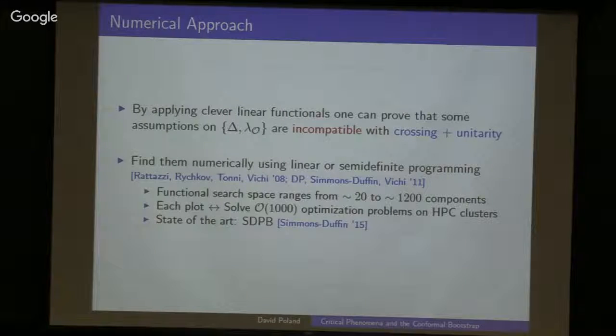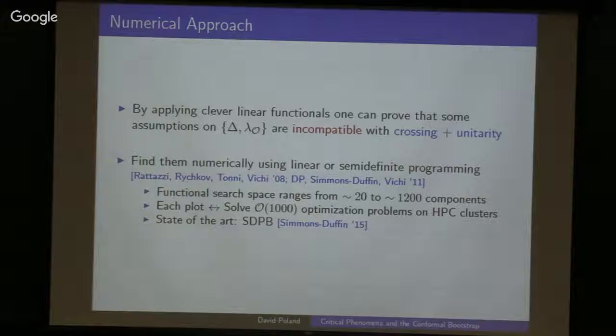And so we tell a computer, okay, scan over some space of possible linear functionals. In the plots I'm about to show you, this involves something like a 20-dimensional space up to a 1200-dimensional space that we tell the computer to scan over.